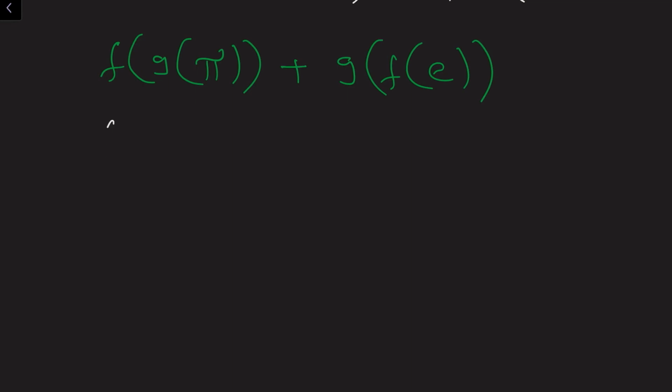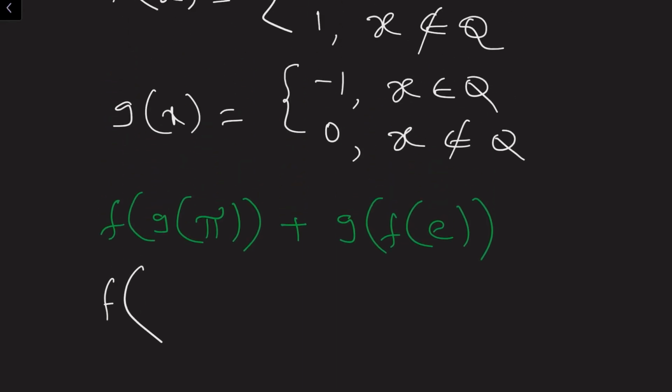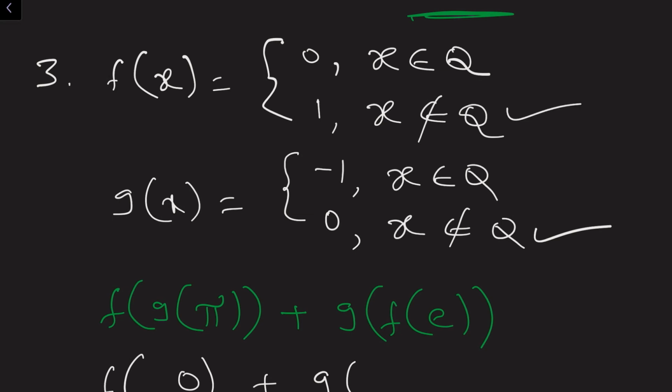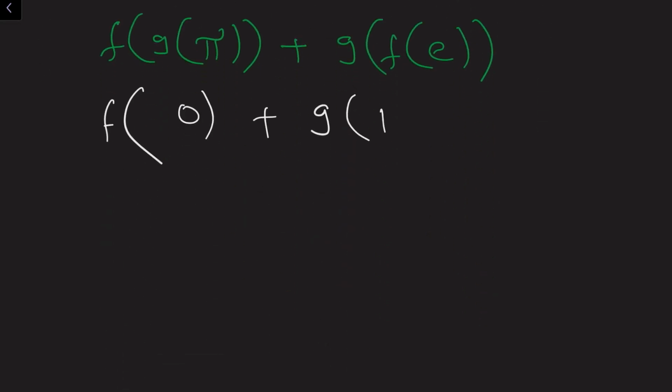So now, what is g of pi? In the function g we need to check now. In the function g, pi means irrational, so the second statement, that is 0, plus g of f of e. e is again irrational, so again the second statement, that is 1. So we got f of 0 plus g of 1.